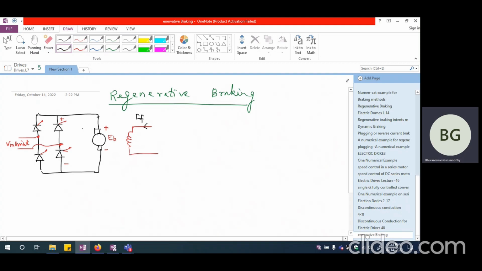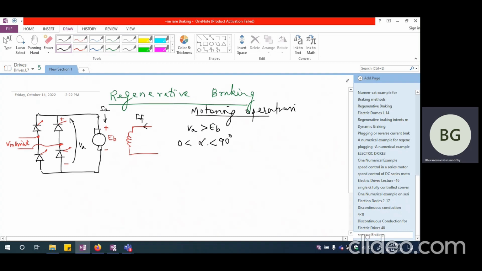So when we are talking about motoring, we will have generally VA greater than EB. This is going to be the motoring operation. And we are going to have the current flowing into the motor. So the current is flowing into the motor. So this is going to be the direction of IA. And we are also looking at alpha less than 90 degrees.